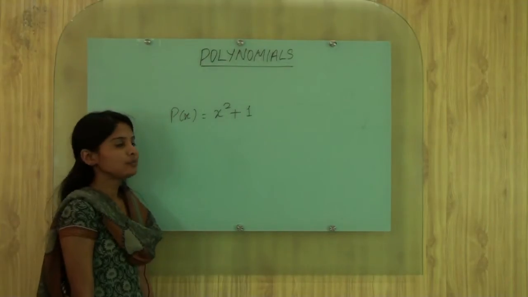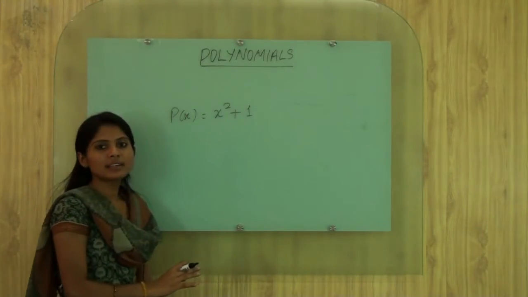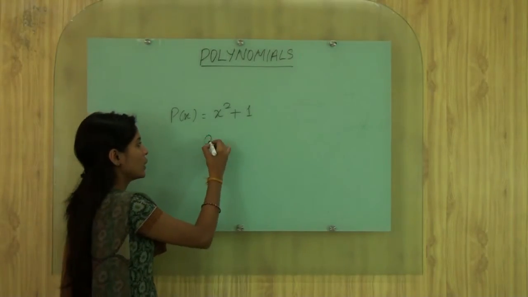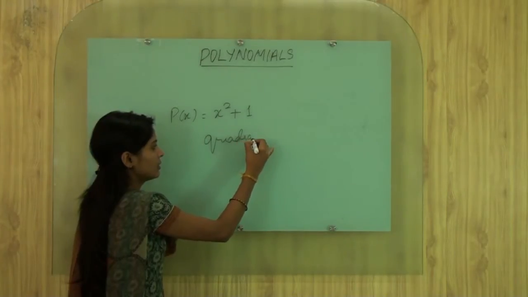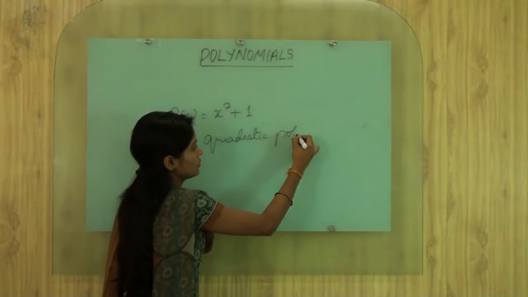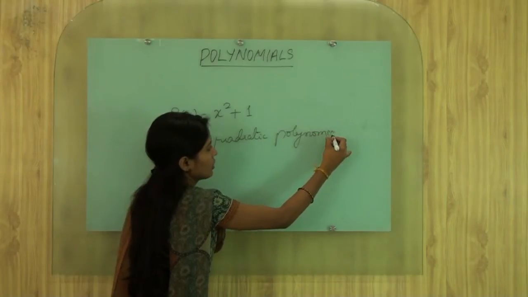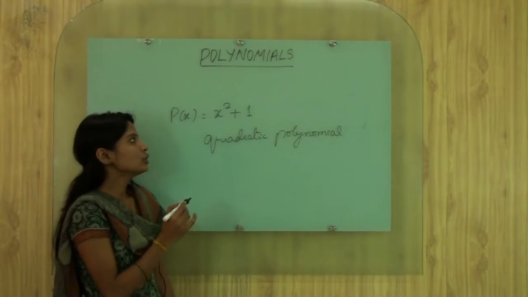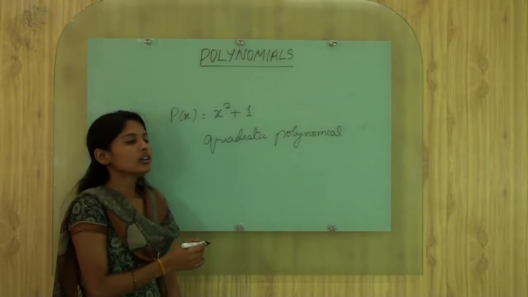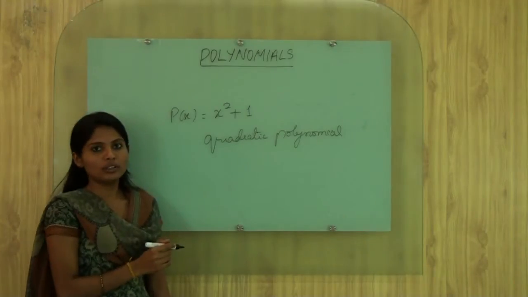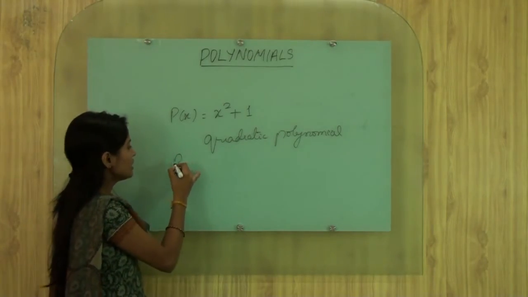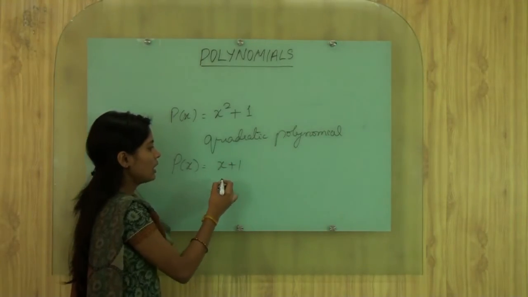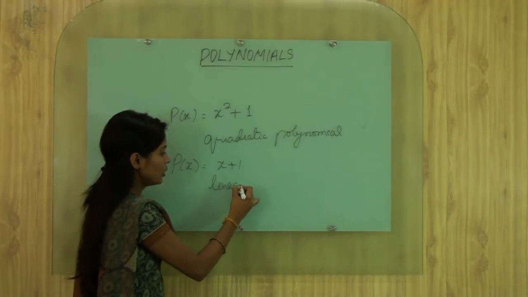This is a polynomial. What can we call it? It is a binomial. We can call this a quadratic polynomial also. The polynomial which has degree 2 is called a quadratic polynomial. A polynomial which has degree 1, like x plus 1, is called a linear polynomial.